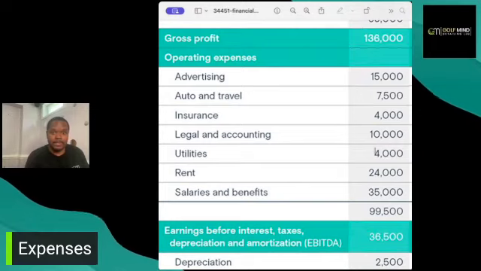So before we go to this, let me stop sharing for a second and let's break down what expenses mean. First off, remember that revenue is what comes into the business from whatever services you provide. Whenever you receive money for that service, it is revenue.